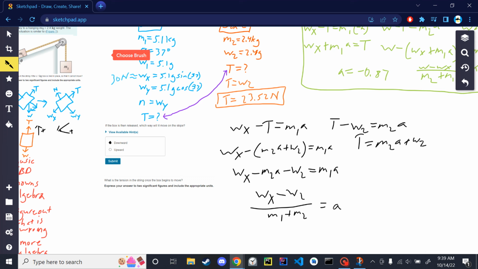So that would be 5.1 times 9.8 times sine of 37, minus 2.4 times 9.8, and that divided by the sum of the masses. I swear if I get the same acceleration from before, I'm going to shoot someone. But I shouldn't. I do. Okay, it's fine. Everything is fine.